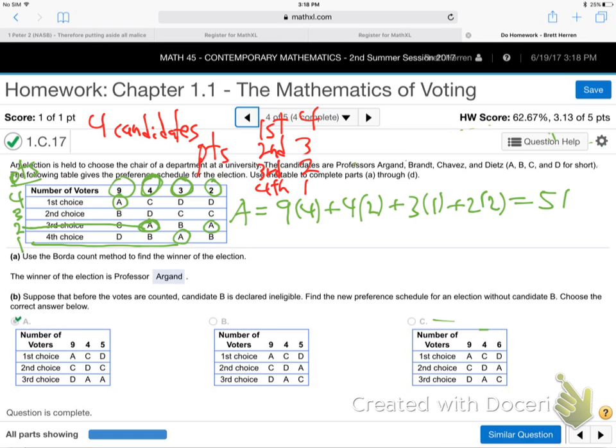You want to try B? Give B a try. See how many points you can get for candidate B. Total points. So it's the number of people times the points for that ranking. Just add them all up.